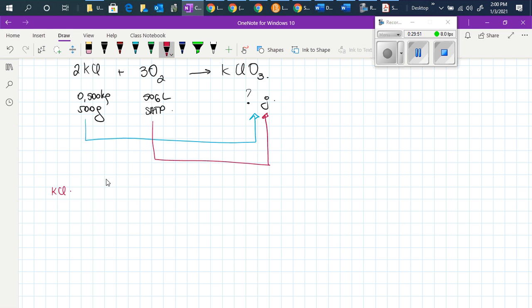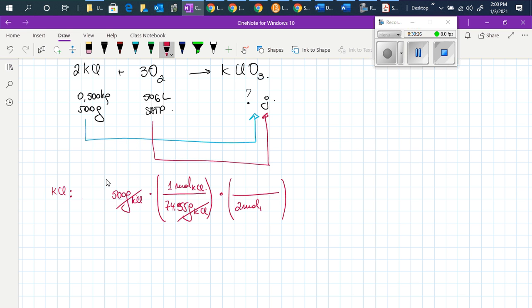So I will start with KCl first. I will go 500 grams of KCl times molar mass, so that is 74.55 grams of KCl, and 1 mole of KCl. Grams and grams cancel out. Now that we have the moles of given, let's move to the moles of asking, or the unknown.